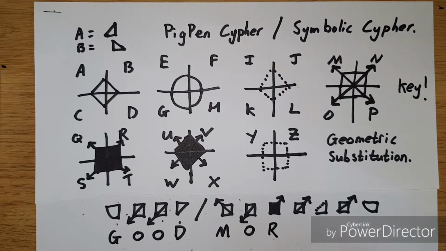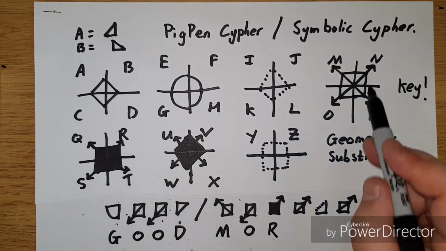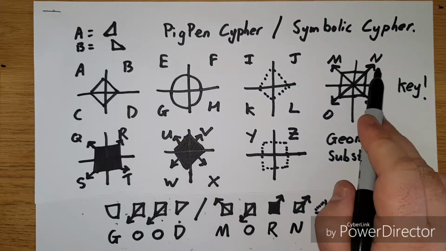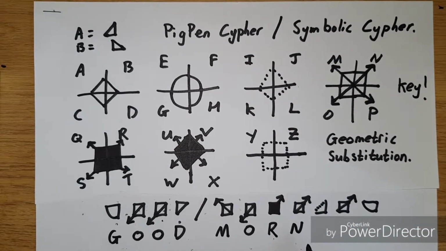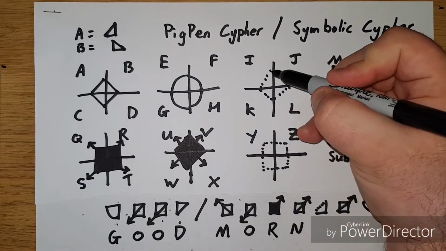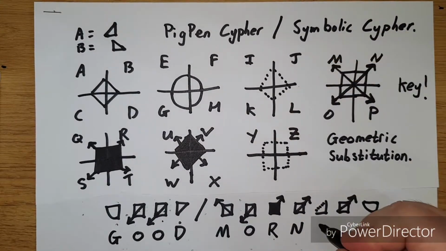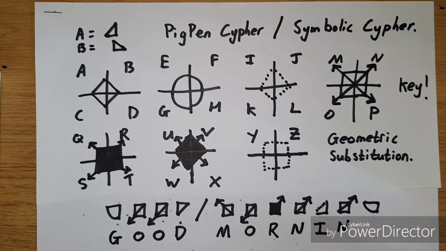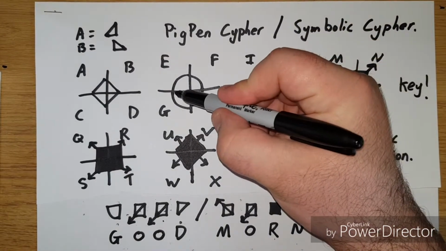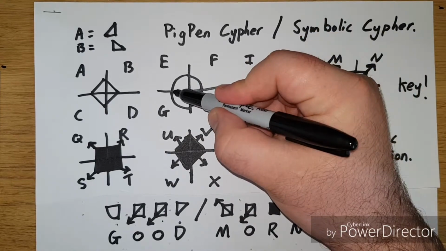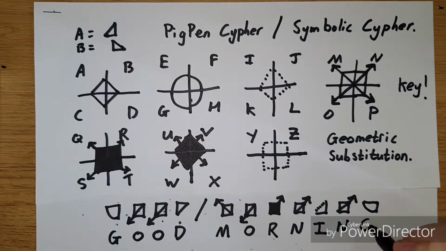And then we go to N because it's a square with a line through it and an arrow in the top right hand corner, so it's M-O-R-N. And then it looks like a triangle with a broken dotted line, so that becomes I. And then N is repeated, so we know that's also N. And then finally, it appears to be a quarter of a circle, and that's G.